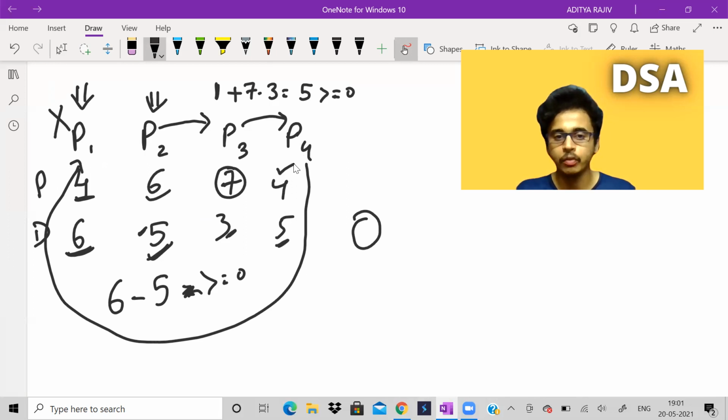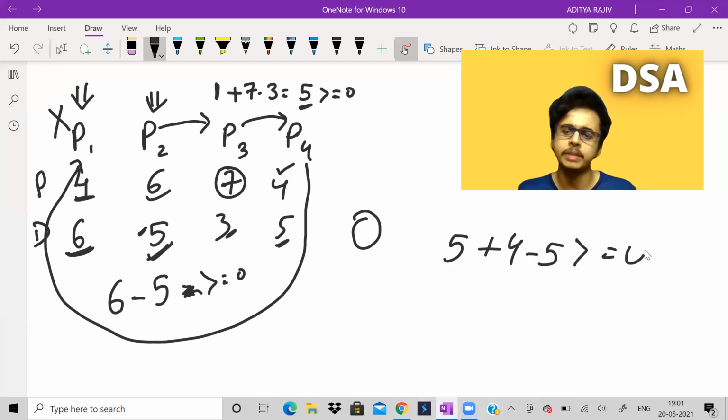We can take 4. So what is the amount in the fuel tank? 5. And how much can we get from this petrol pump? 4. But how much do we need to use? 5. So this value will turn out to be greater than or equal to 0 only, and that will be 4.